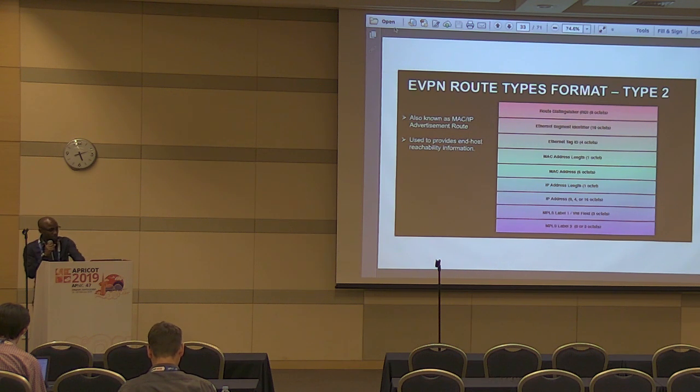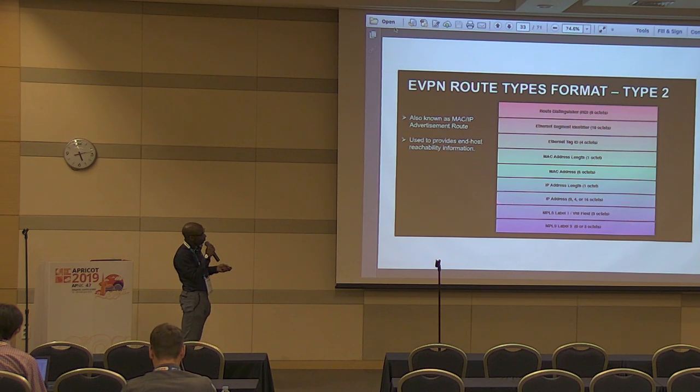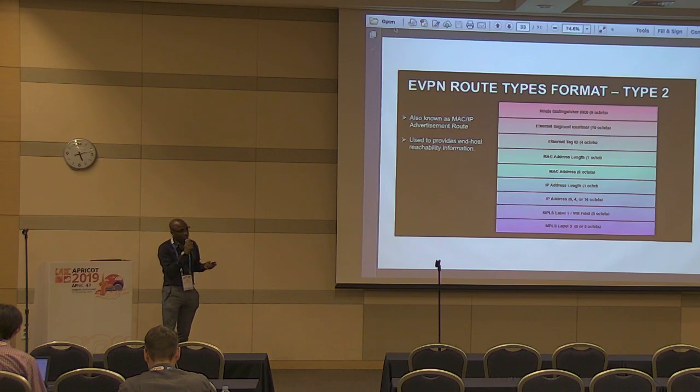Again, you've got your route distinguisher, your 10-octet Ethernet segment identifier, your Ethernet tag ID, and your MAC address is encoded as part of this type 2 route. And if the host has an IP address, that gets encoded as well. So it is not mandatory that the type 2 carries the IP address of the host.